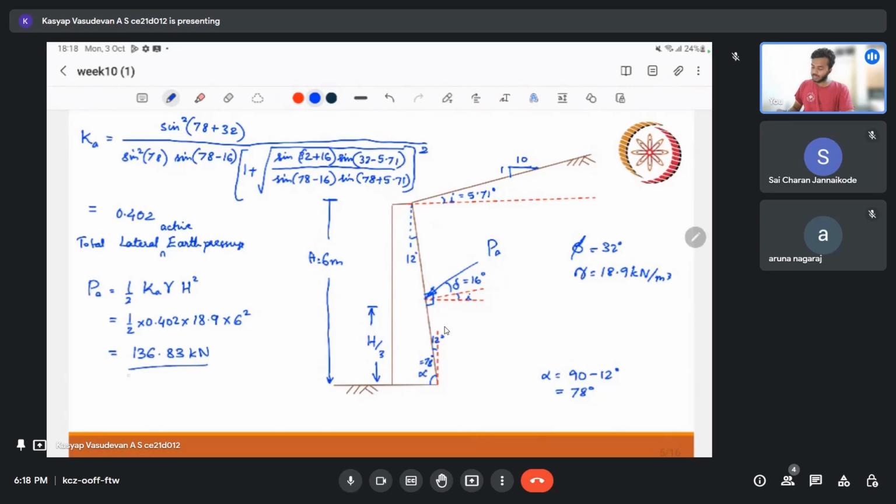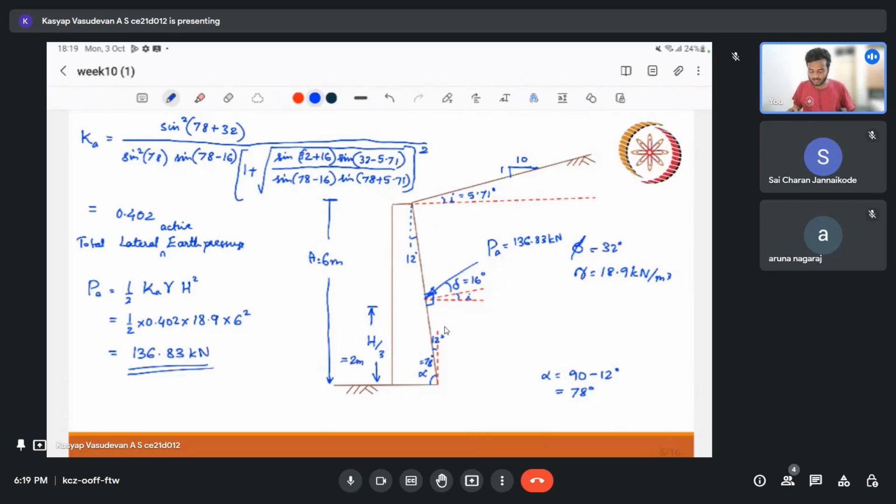That's how we find the lateral pressure. Here we have this value, 136.83 kilonewton, acting at an angle of 16 degrees, at H by 3, which will obviously be 2 meter, so that we know the location of the total load. So this is just substituting in the formula.